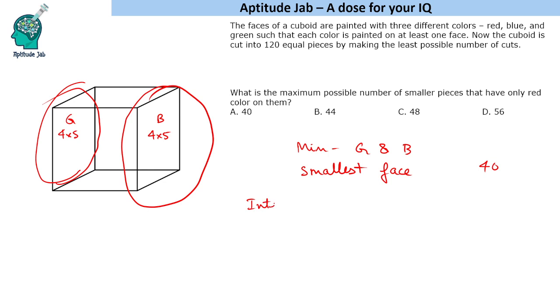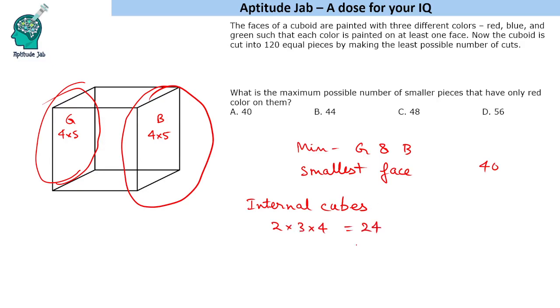How many internal cubes would be there which have no faces painted? Internal cubes are a minus 2, b minus 2, and c minus 2. So if you talk about internal cubes, that will be 2 into 3 into 4, that is 24.